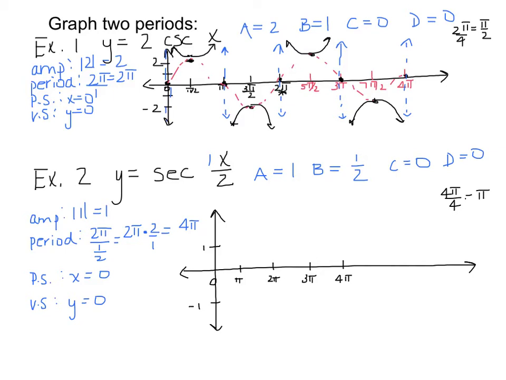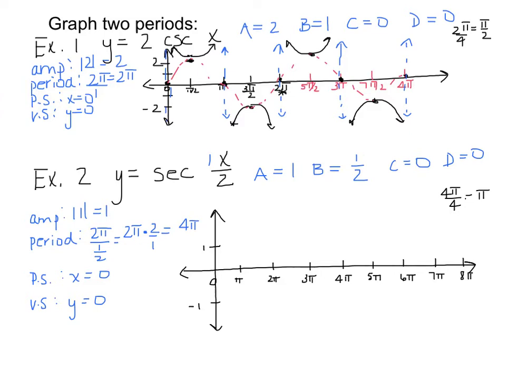That's 1 period. So you do another period. 5 pi, 6 pi, 7 pi, 8 pi. That's your 2 periods. So it repeats after every 4 pi. So that's what that period means.